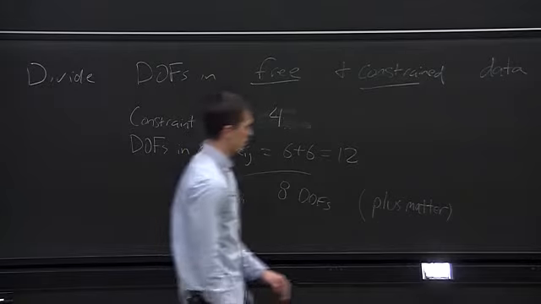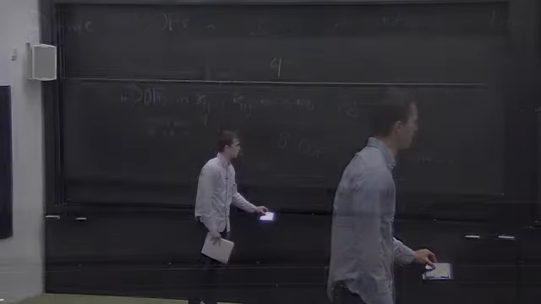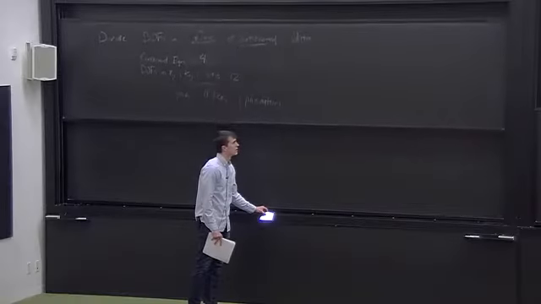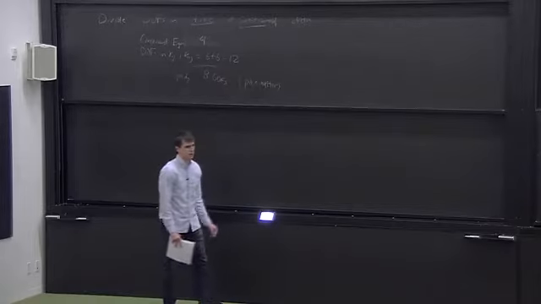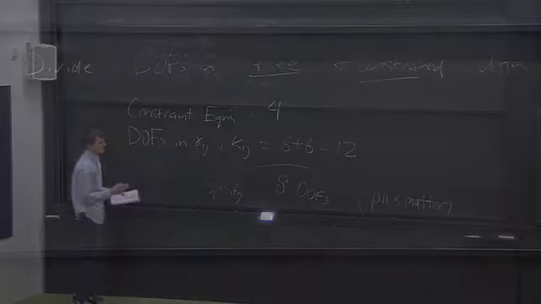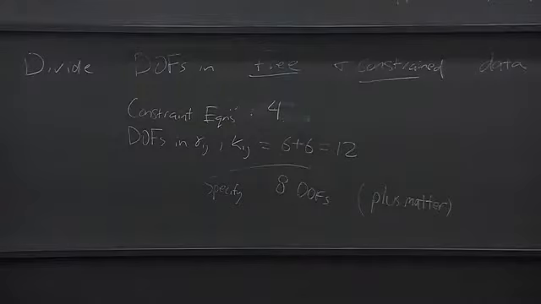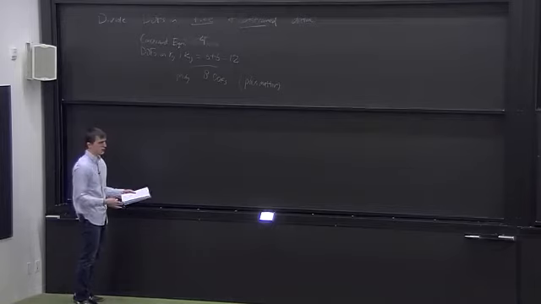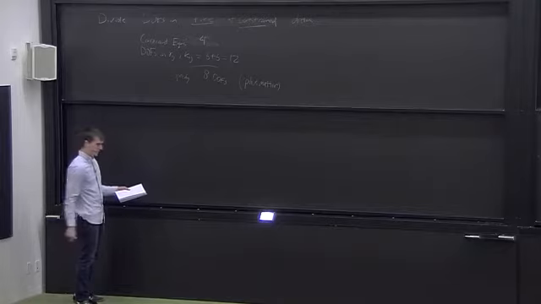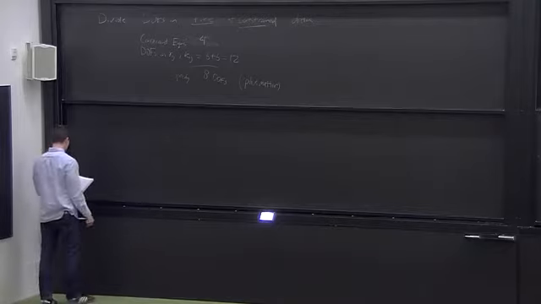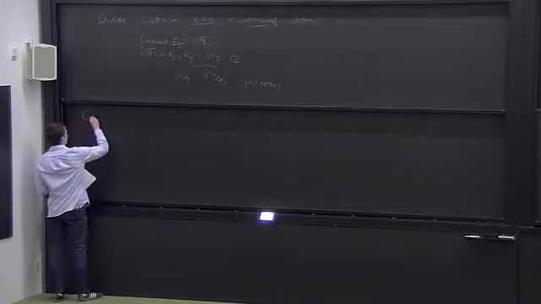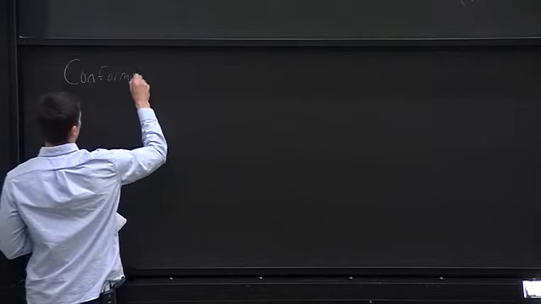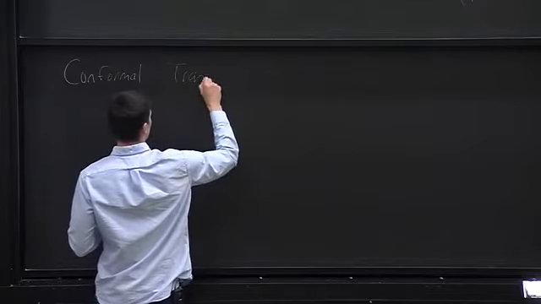So in order to do that, it's going to be helpful to write down some formulas that describe the behavior of a metric under a conformal transformation. I'm not going to derive these. You can find them, for example, in one of the appendices in Carroll, or also in this reference here. So let's say we have a conformal transformation.